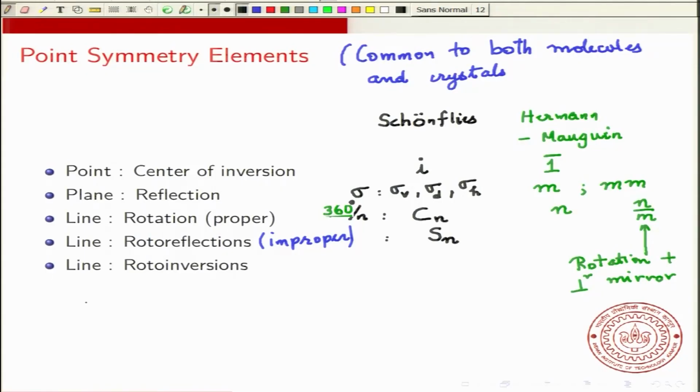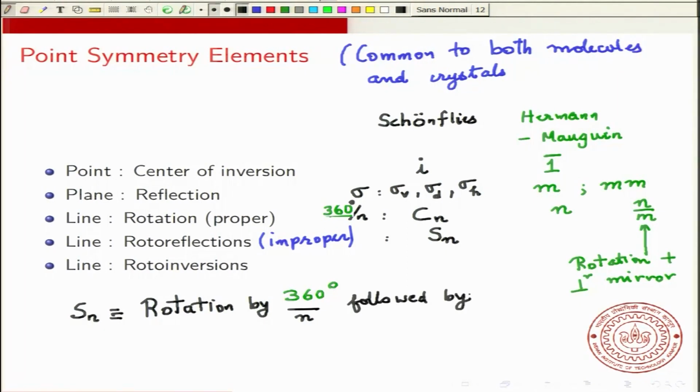So Sn, I will write it down, corresponds to rotation by an angle of 180 divided by n degrees followed by reflection about a perpendicular plane.